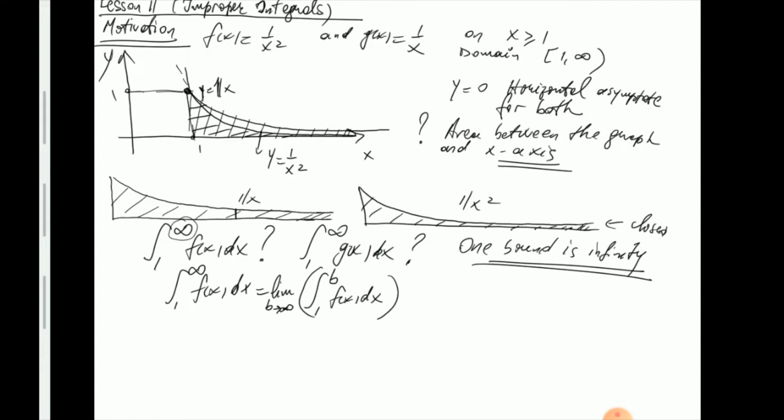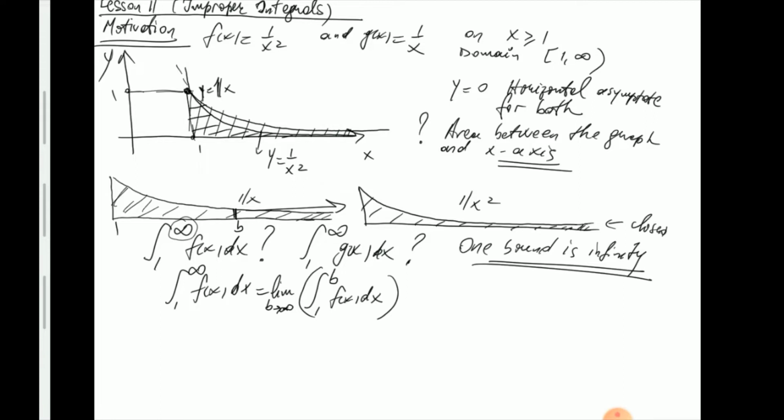So imagine basically you stop at some point here with point b greater than 1. That becomes the definite integral in the traditional sense that you learned. But then once you find that answer, you simply let b go to infinity and compute that limit.